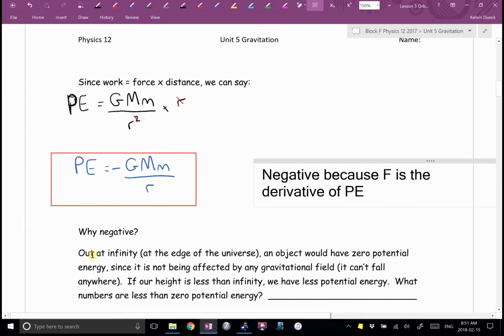Or here's the paragraph I'm going to give to my non-calculus students. Out at infinity, at the edge of the universe, an object would have zero potential energy because it's not being affected by any gravitational field. It can't fall anywhere. If our height is less than infinity, well, we have less potential energy. What numbers are less than zero? Answer?